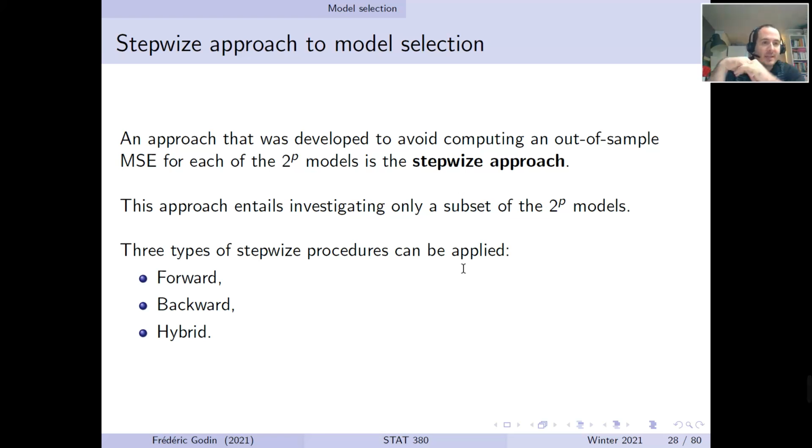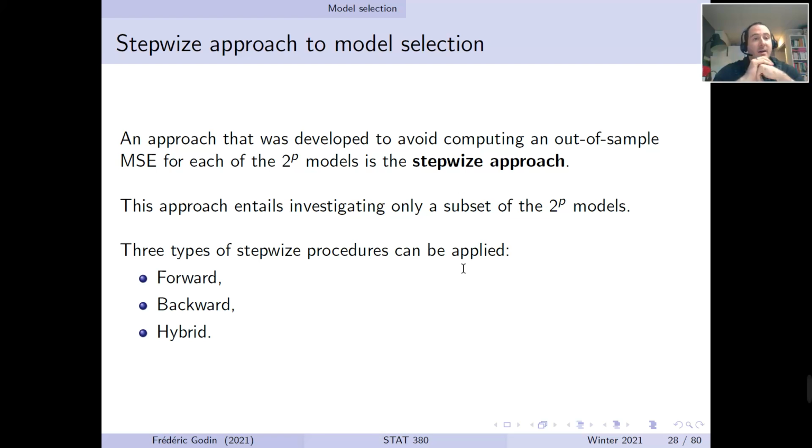Okay, so let's say we have, again, a regression model with p predictors. We said that if we want to consider all possible combinations of predictors, we have a total of 2 to the power p models to consider. Okay, so this is too much.